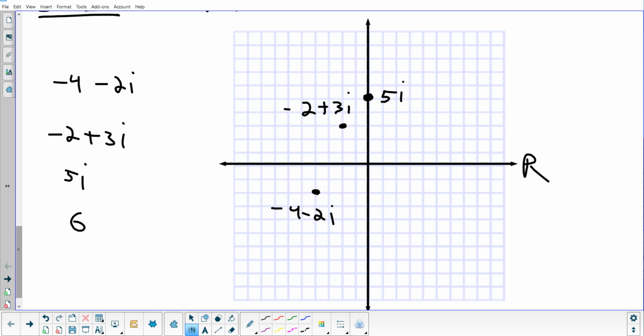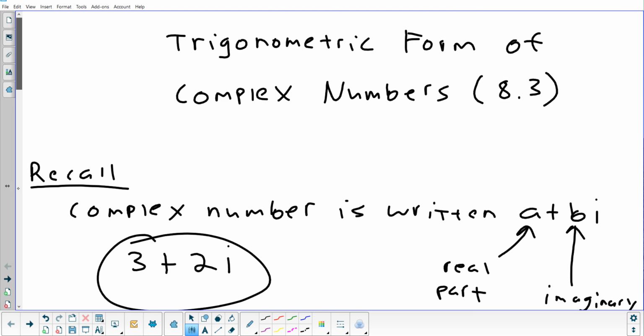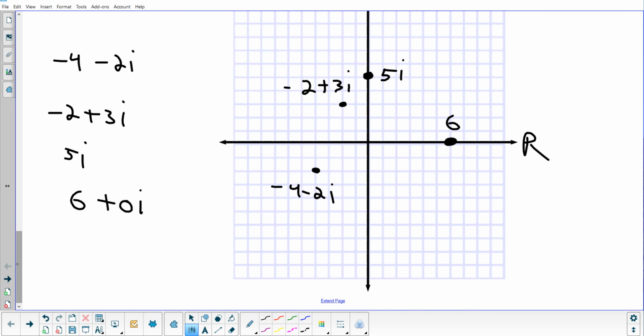Think of it like 6 plus 0 imaginary. So just write 6. Now, the important thing to understand there is basically figuring out the quadrant that a point is in, because that's going to be part of writing something in trig form. So questions on graphing the points?